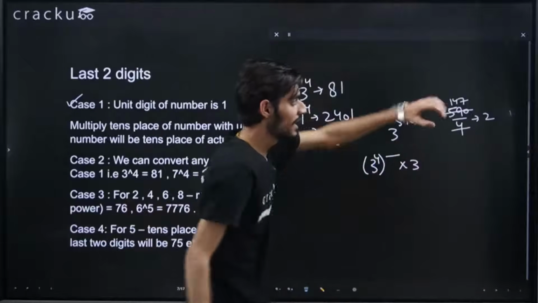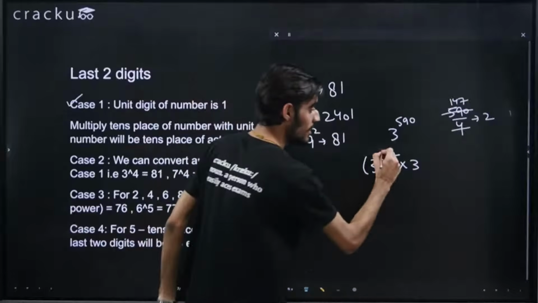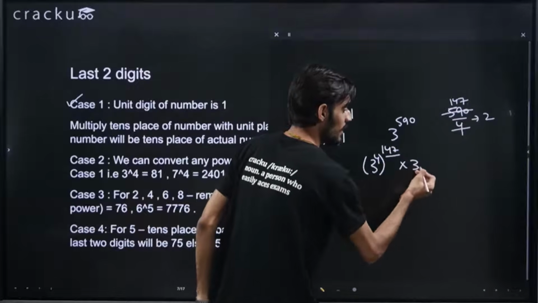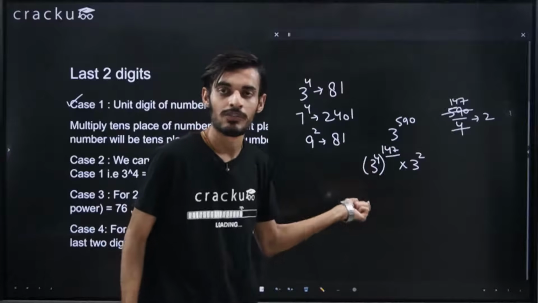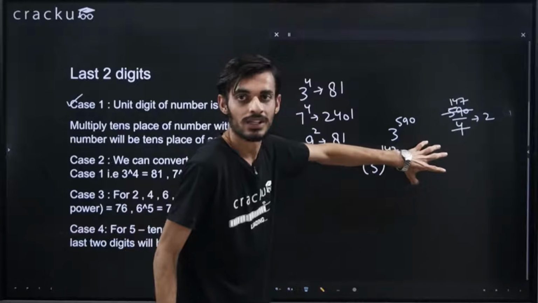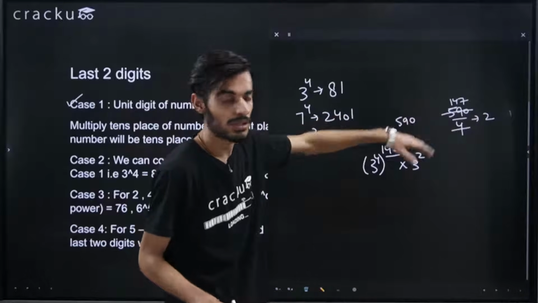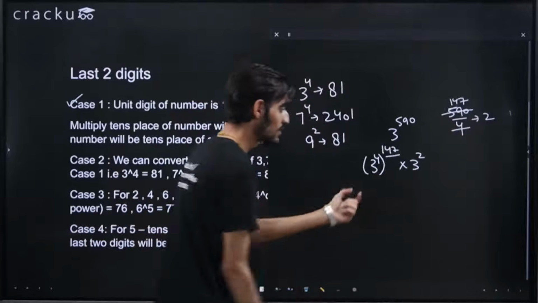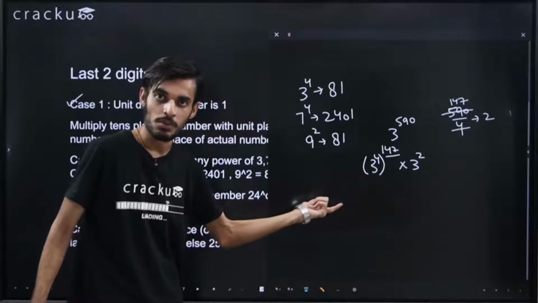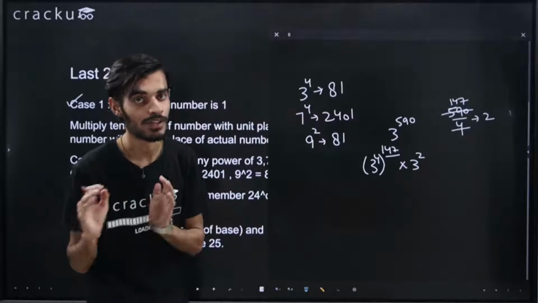So I need to write the quotient here and the remainder here. If the number is perfectly divisible by 4, you won't be getting any value here. But if there is some remainder, you can write that value here. Now because we are able to write it in the form of 3 raised to the power 4, we have converted it into a number that is ending in 1.